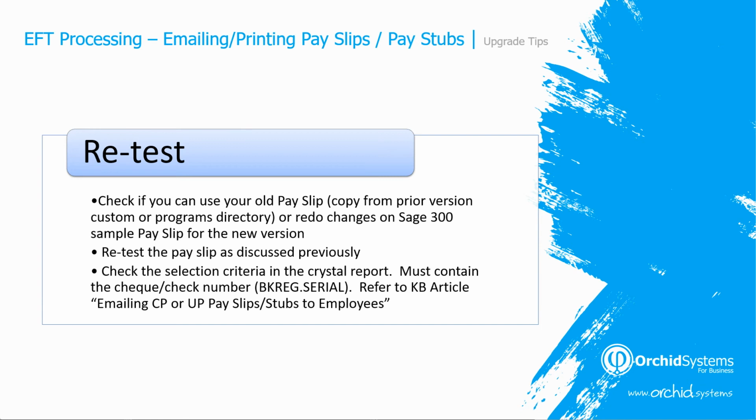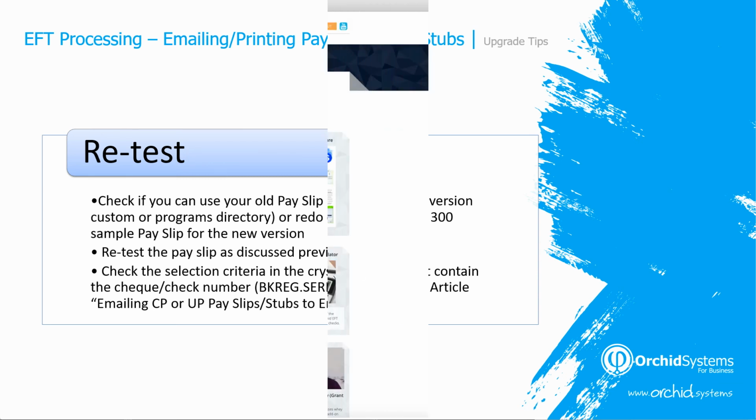And then retest as we described previously. Again, make sure that nobody previously working on this site has commented out the serial number, and you can refer to our knowledge base article, Emailing CP or UP Payslip Stubs to Employees, where it shows the crystal selection criteria and what's essential to keep in the report.